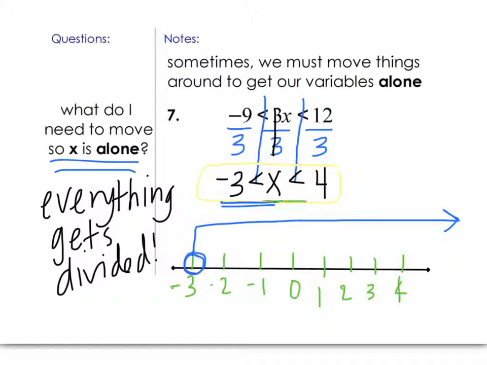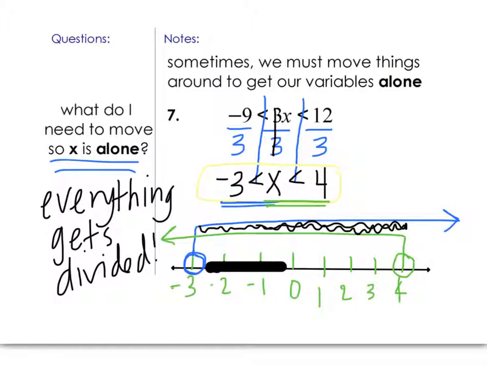But then x is less than 4, so I have an open circle at 4, and I want all the stuff to the left. And we want that sandwich, we want the stuff in the middle, we want to be big and strong. So my final answer, what I shade, is this middle part, connecting my two dumbbells.